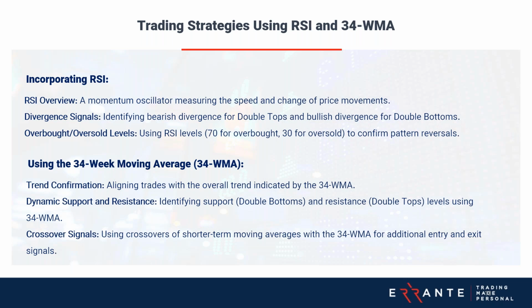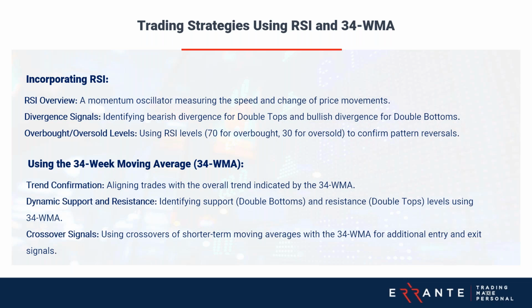Lastly, using moving average crossovers can provide additional entry and exit signals, because usually after a breakout in a very healthy chart pattern, we have a pullback to the broken neckline. So when a short-term moving average, such as the 20 MA, crosses above the 34 MA or 50 MA, it can be a bullish signal indicating a potential upward move.